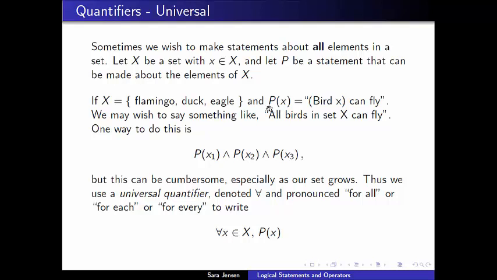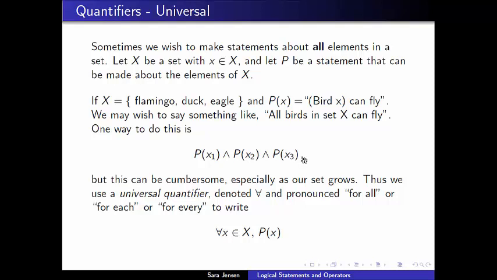Using this notation, thinking of this mathematical statement P as a function of the bird that comes in, if we were to enumerate the elements of X to be x1, x2, and x3, x1 flamingo, x2 duck, x3 eagle, we could say P of x1 and P of x2 and P of x3, which roughly translates to all birds in the set X can fly.